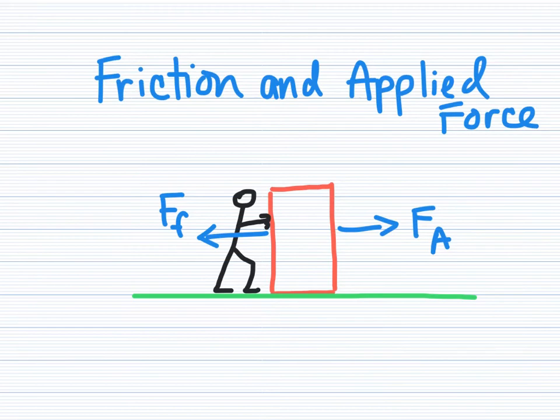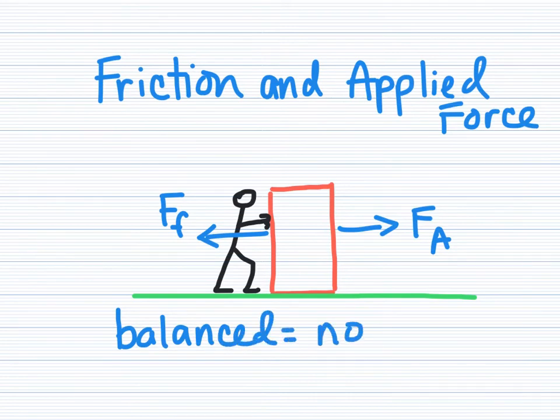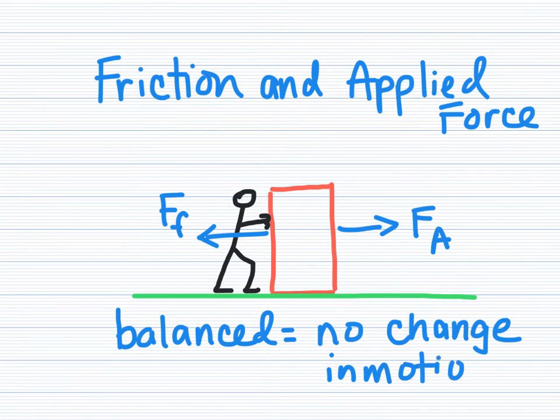And remember that when forces are balanced, that means there is no change in motion. If the refrigerator is not moving and the forces are balanced, the little man is pushing but the friction is pushing back, then there's going to be no change in motion. Okay, write that down.